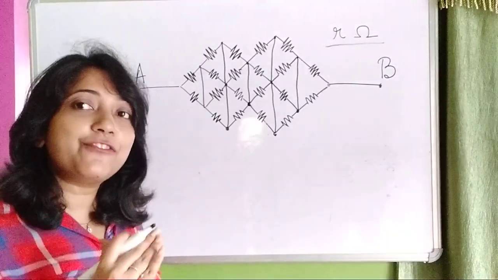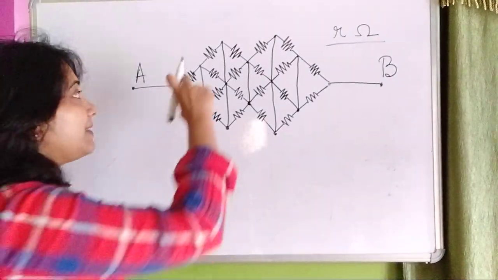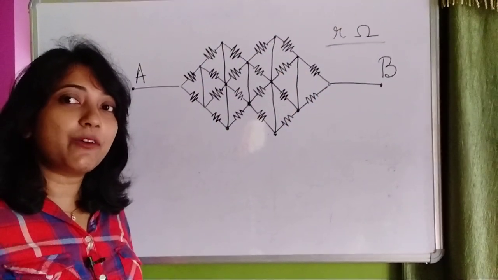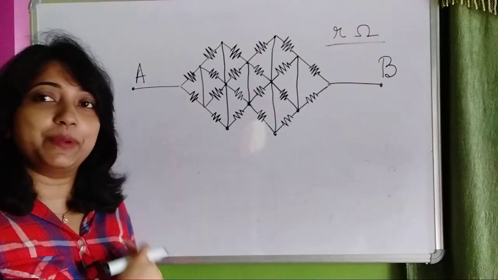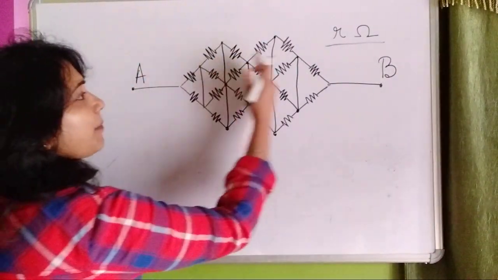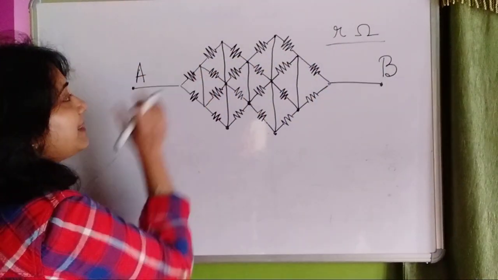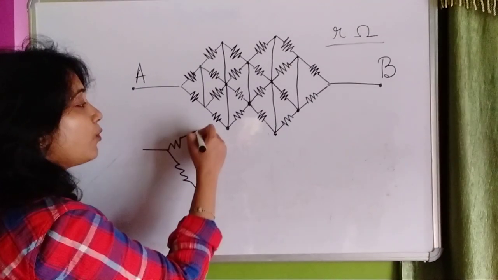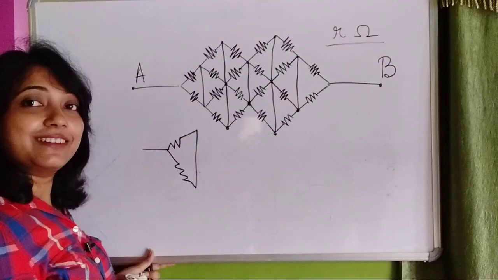Now the moment that we have figured out that in reality these points are short-circuited, I will show you that our problem has become so simple. Forget about the rest of the circuit. See only this one. What do I have? I have this, but I know that they are now connected.